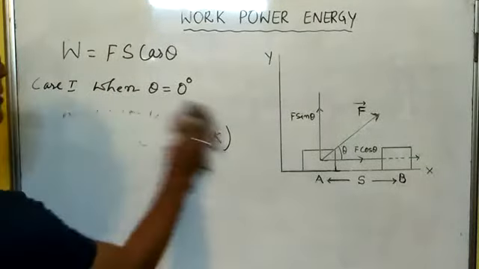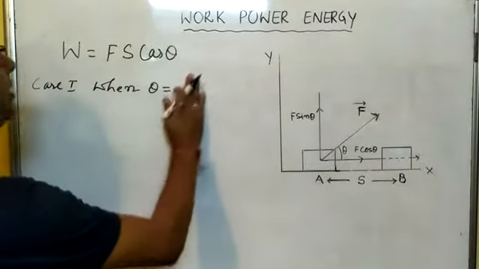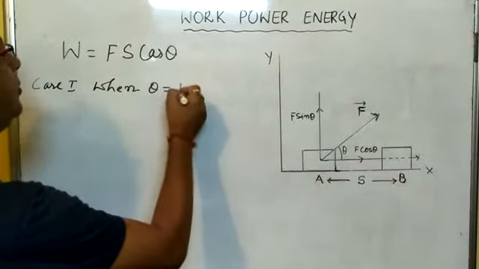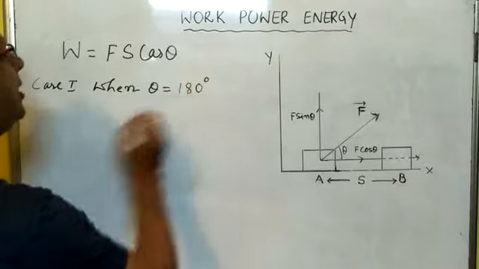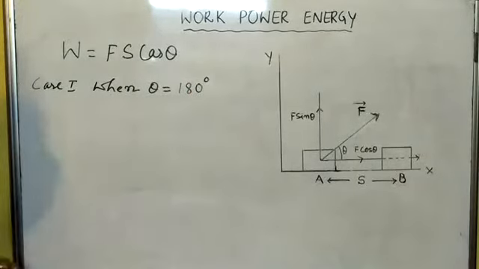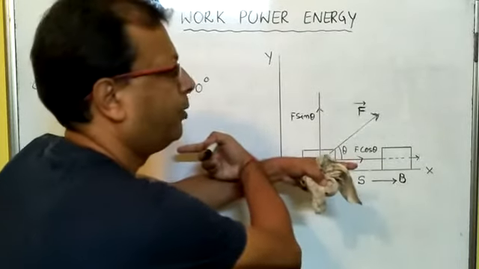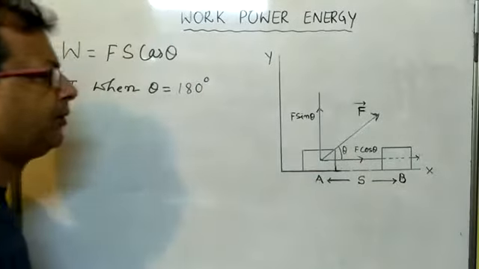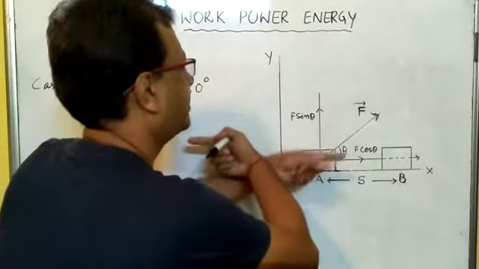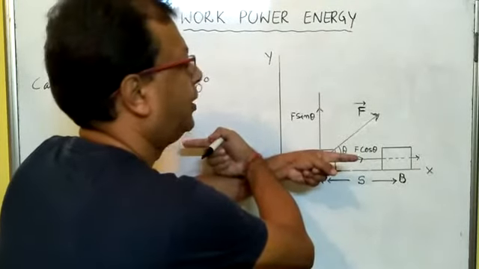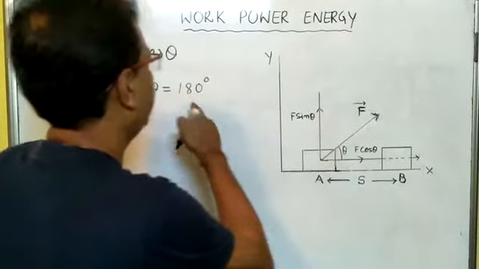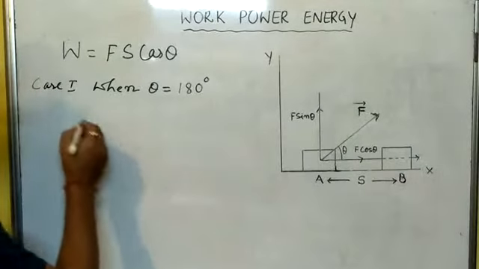Now, let us see what happens when theta is equal to 180 degree. Theta 180 degree means force and displacement are in opposite directions. You have a force this way and a displacement this way. So, the angle between force and displacement is 180.